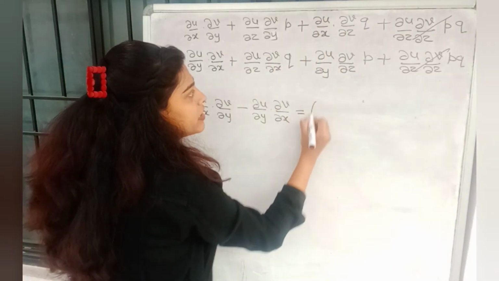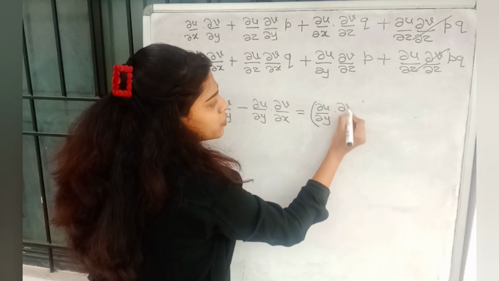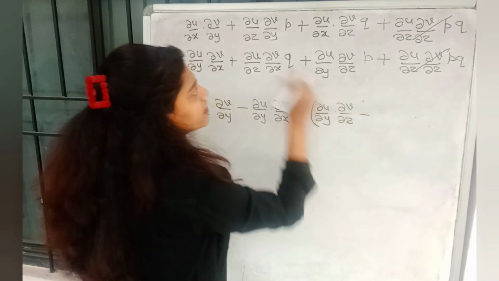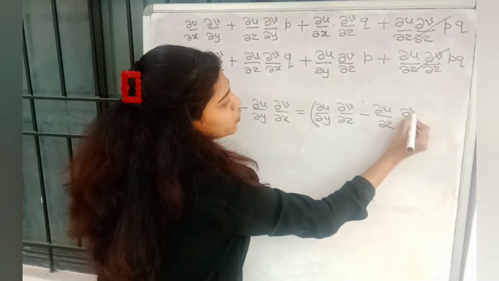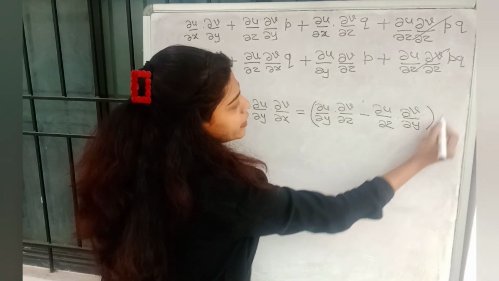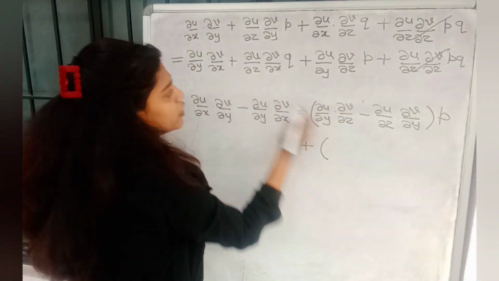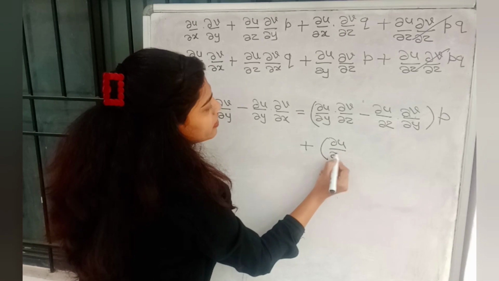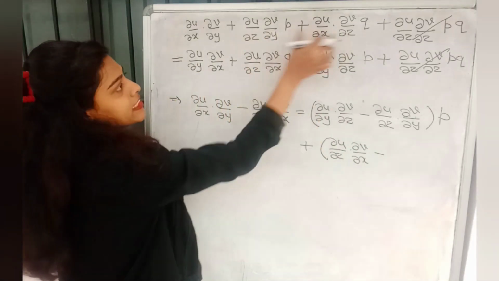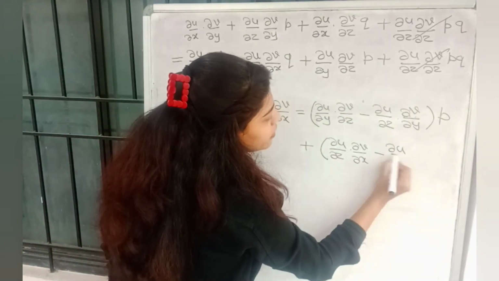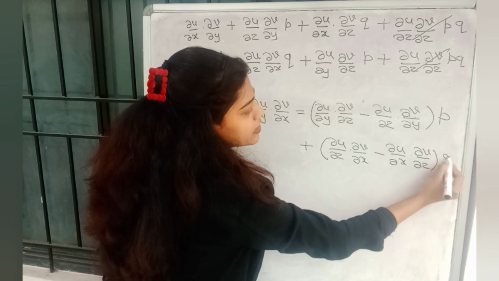So the first term will be this term, that is ∂u/∂y into ∂v/∂z, minus this term, that is ∂u/∂z into ∂v/∂y, into small p. Similarly the second term will be this term ∂u/∂z into ∂v/∂x, minus this term, ∂u/∂x into ∂v/∂z, into this small q.